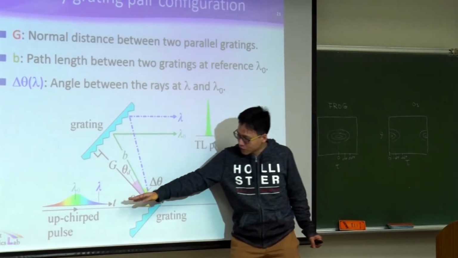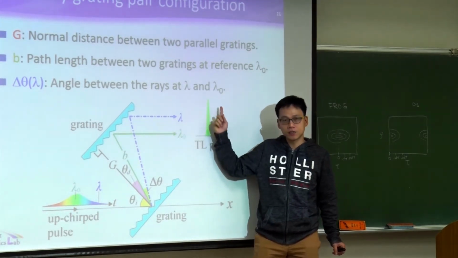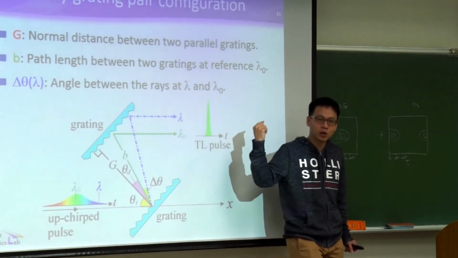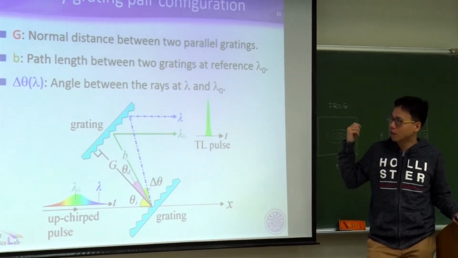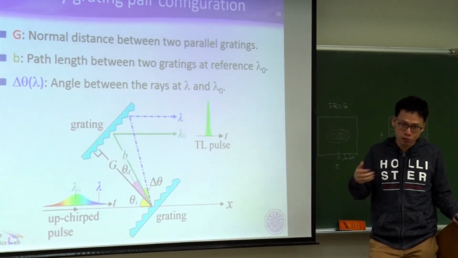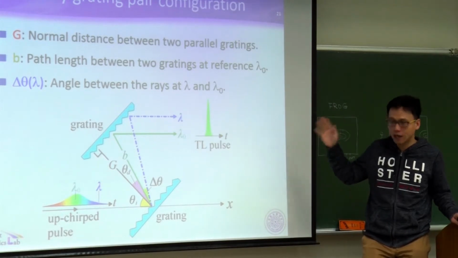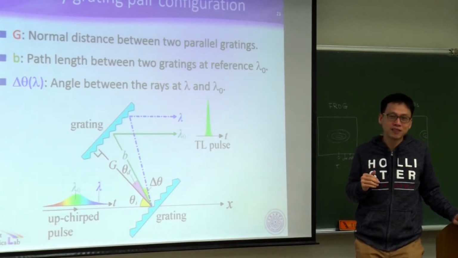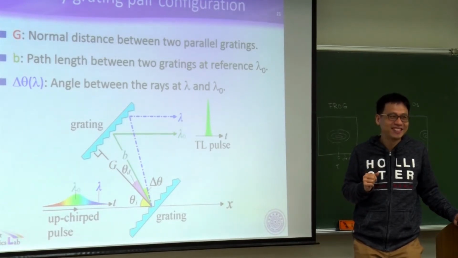Initially, all the colors might propagate together, but at the output, different colors are spread along different spatial positions. If this spatial chirp is serious, it would introduce some problems for your laser beam. So we need to devise some way to eliminate the spatial chirp. Okay, good question. Any other question?